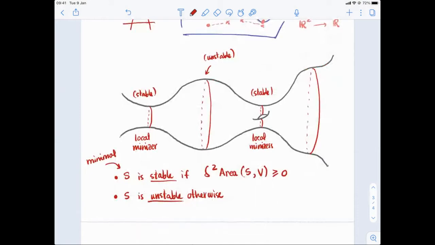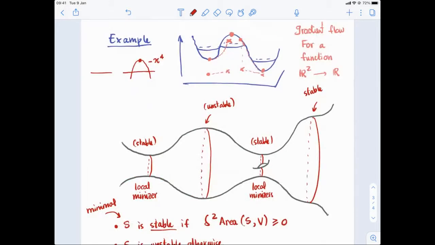But, in general, something that looks like this with generic metrics is going to be unstable. And then this particular one here is stable. So this is like the function x cubed, right? The function x cubed again has this saddle point here, whose second derivative is 0.